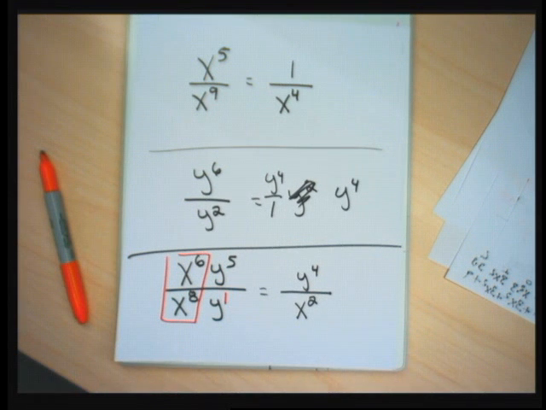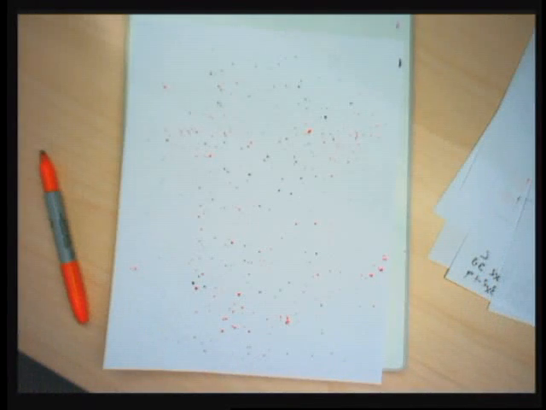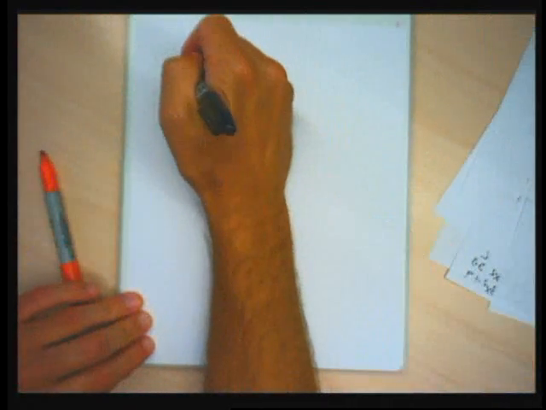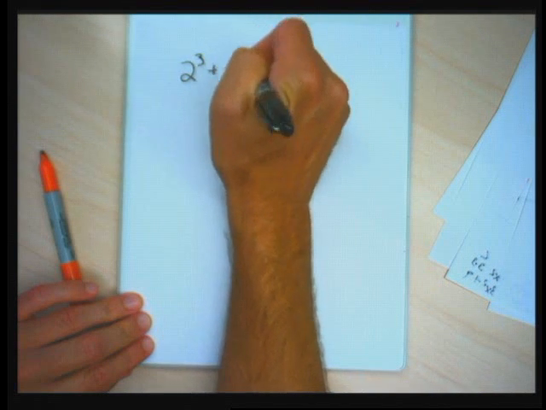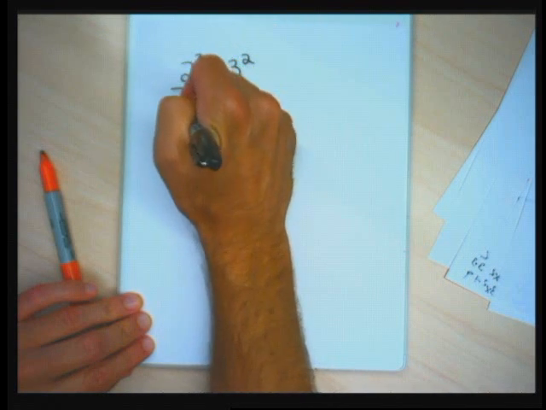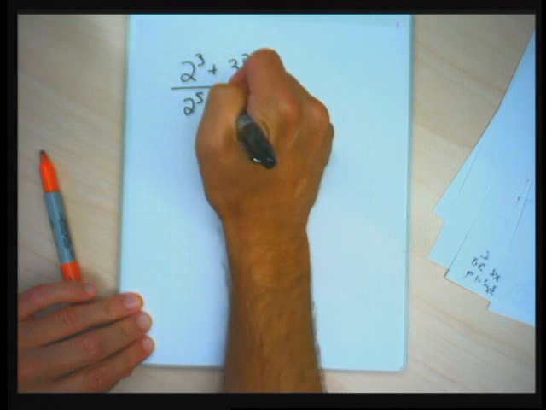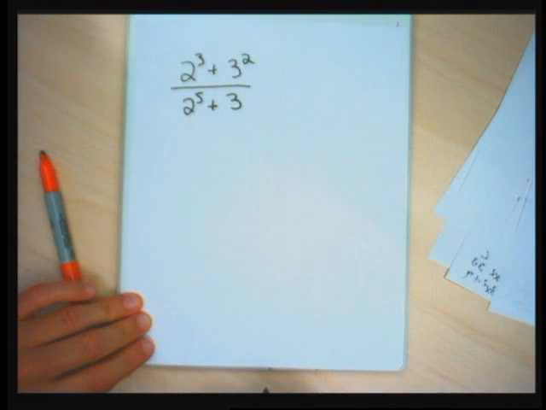This rule doesn't apply when you have adding or subtracting. For instance, if I made a nice problem with numbers so I could show you that it doesn't work, if I gave you something like this, 2 to the third power plus 3 squared over 2 to the fifth power plus 3, you can't reduce this.